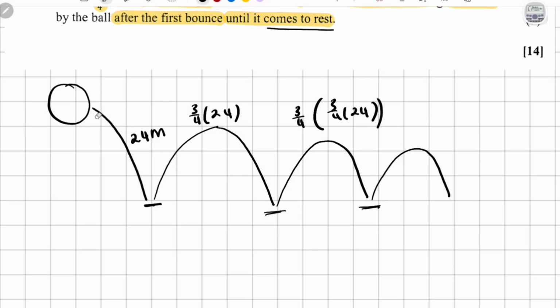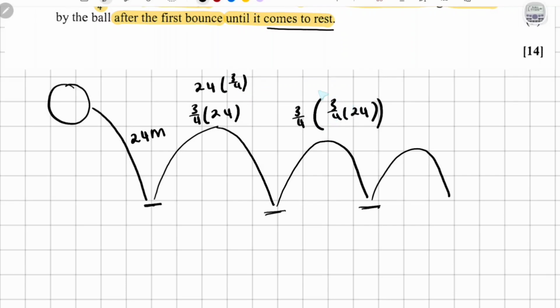First, the ball drops from a height of 24, then it bounces and hits this. Now, because I can see that 3 over 4 is a ratio that keeps being multiplied here, this is how I can rewrite this. Instead of writing it like this, I can just say 24 multiplied by 3 over 4.